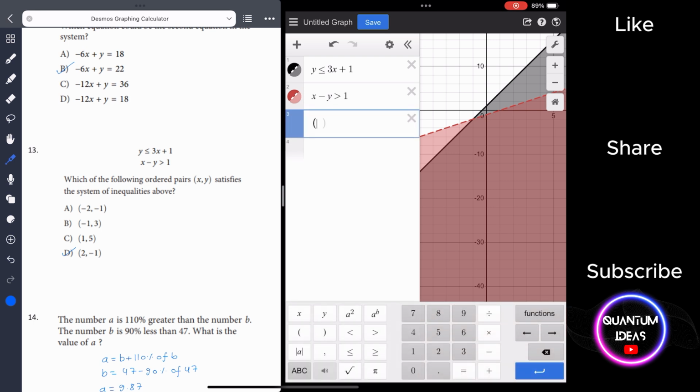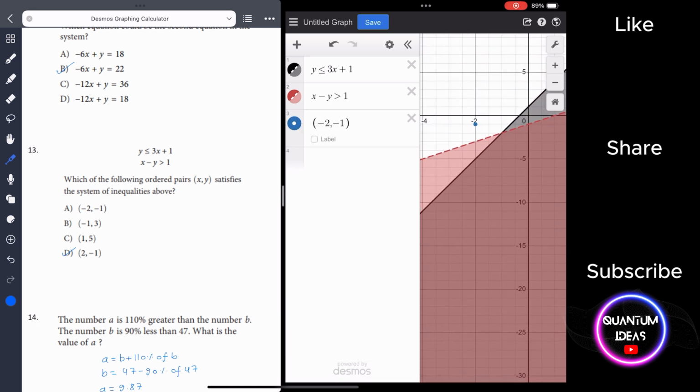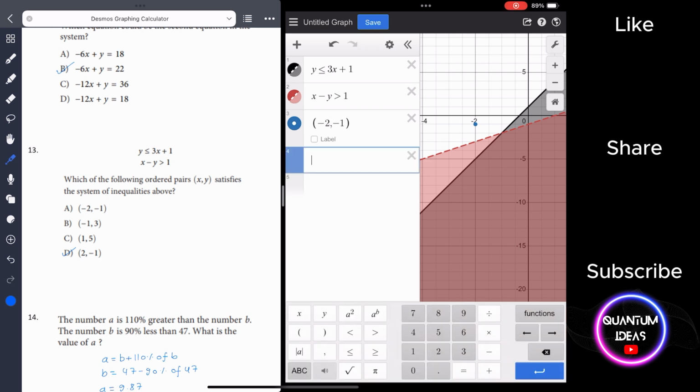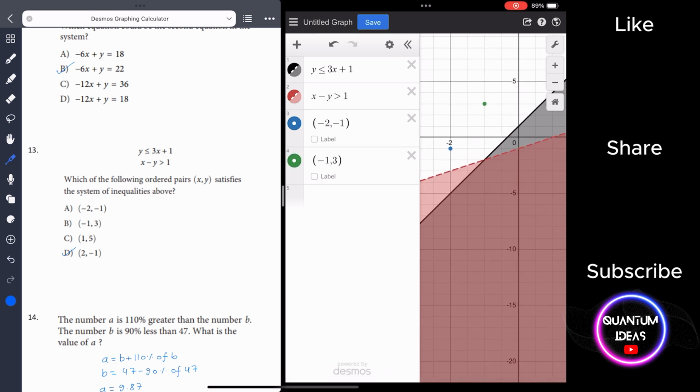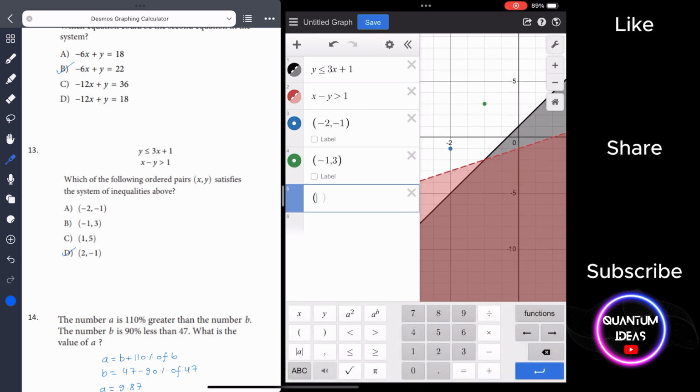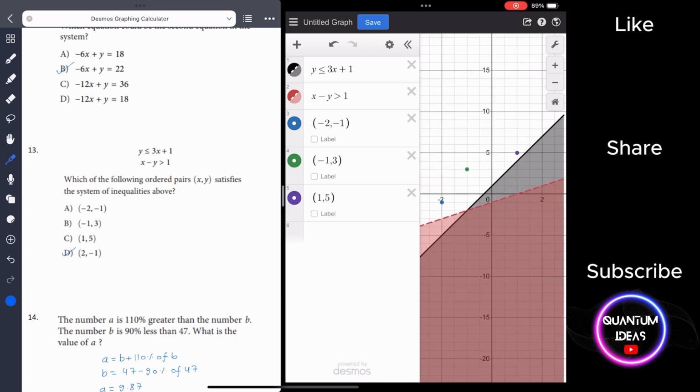Go here and type minus 2 comma minus 1. Does this lie in the common region? No, this is outside, right? Then go to minus 1 comma 3, and again it's outside. Then 1 comma 5, this is also outside.